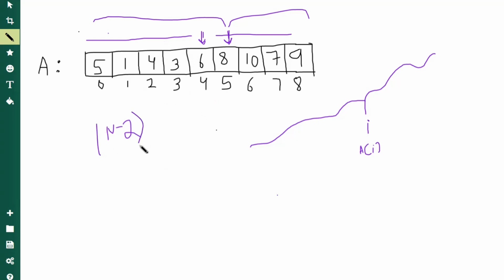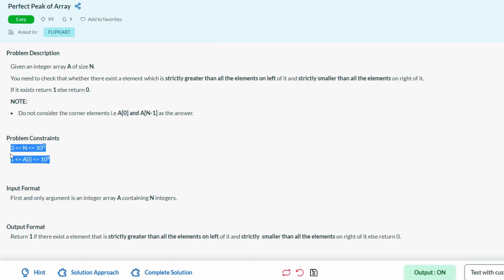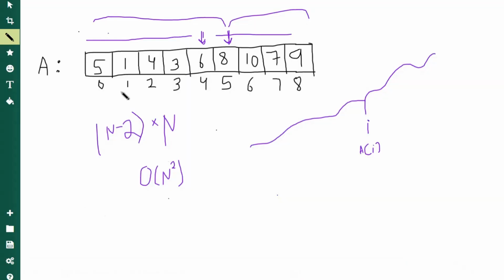So that will multiply a factor of n. This gives us a solution of big O of n square, which is a quadratic time complexity. For the given constraints of the problem, this complexity is not very good, so we have to optimize it.